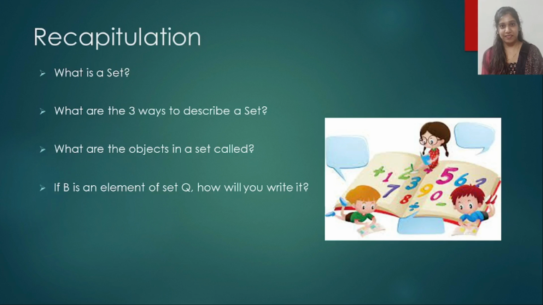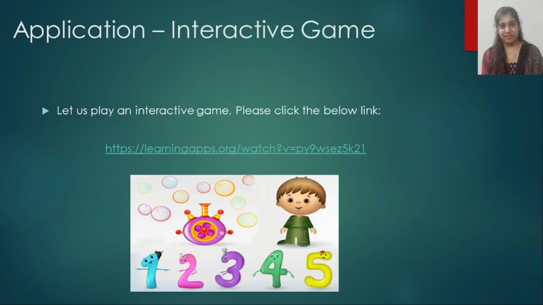What are the objects in a set called? Elements or members. Very nice, children. If p is an element of set Q, how will you write it? Very nice, children. p belongs to Q. That is how you will write it. Keep it up, children.